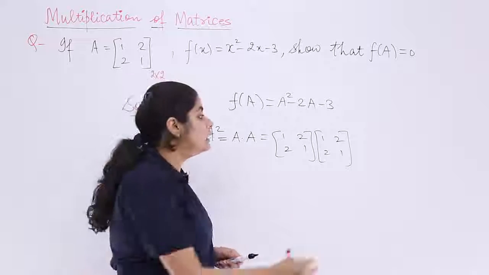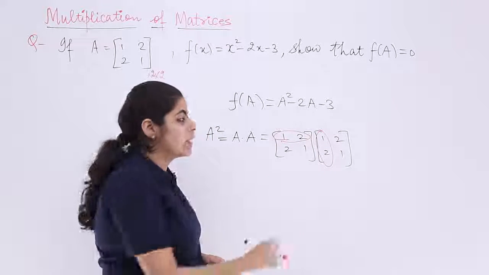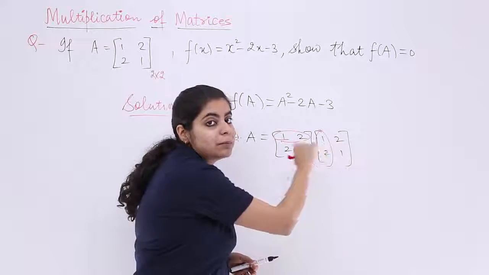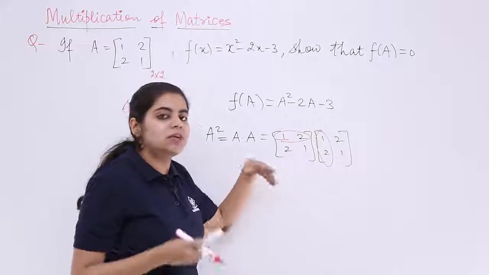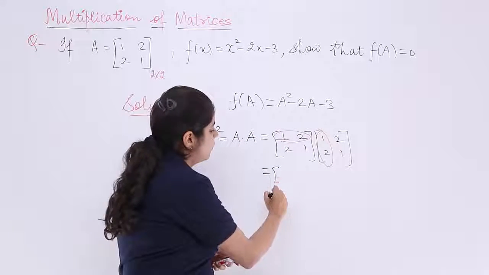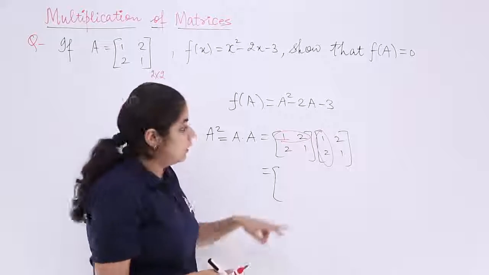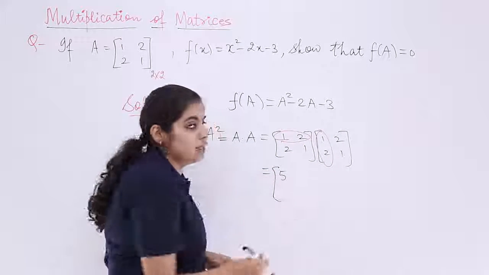How to do the multiplication? We learnt it earlier. This row multiplied by this column. Then again this row multiplied by the second column, then second row multiplied by first column, second row multiplied by second column. That's it. So, let's write the values. 1 into 1 makes 1, plus 2 into 2 makes 4. So, 1 plus 4 is 5.